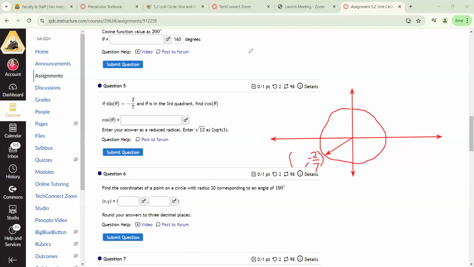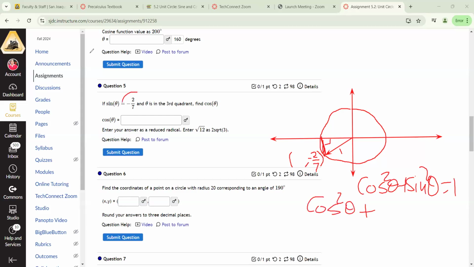Now, if you remember that identity, cos squared theta plus sine squared theta is equal to 1, because this is going to make a right angle triangle and it's a unit circle. So we're going to say cos squared theta plus sine squared theta is equal to 1. And sine theta is given to us.